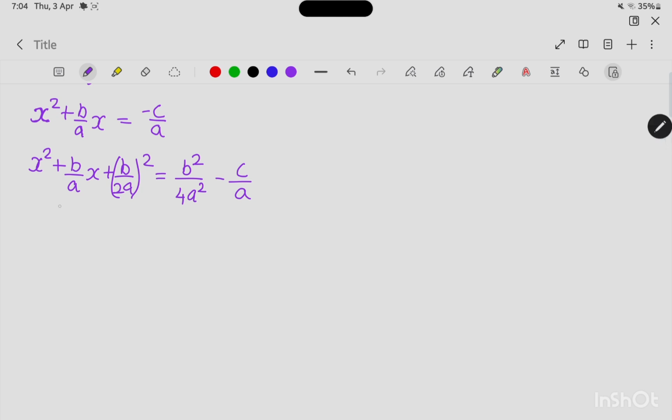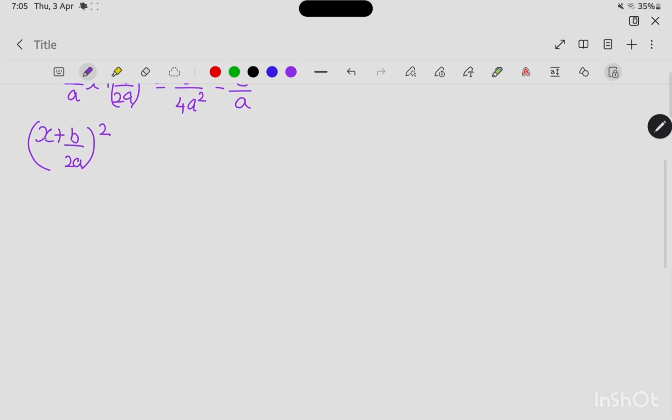Now basically what we have right now is x plus b by 2a the whole square. How? Expand this.